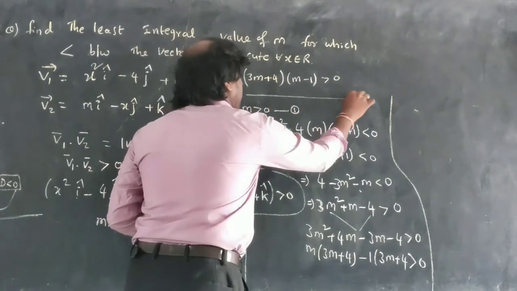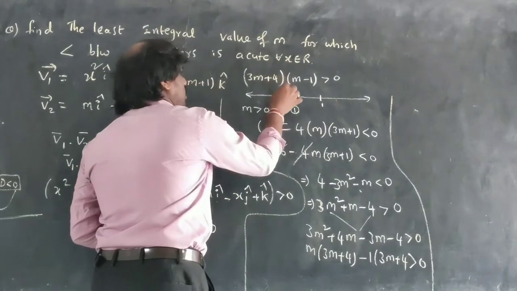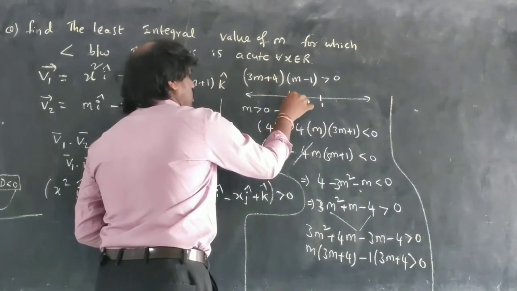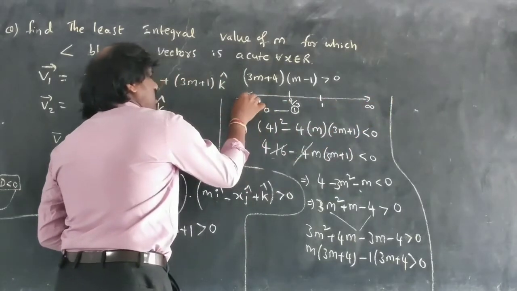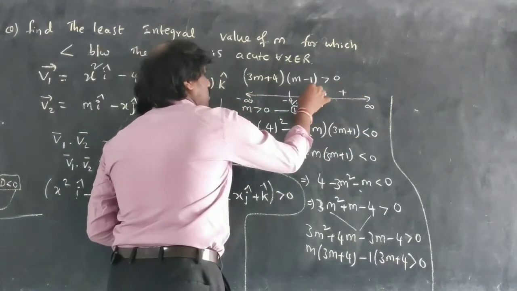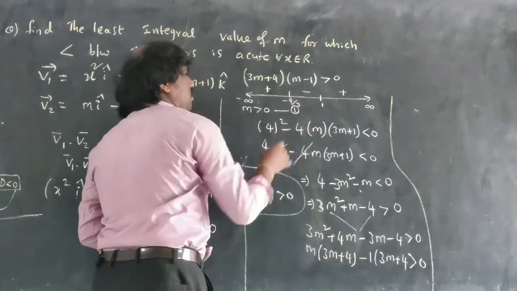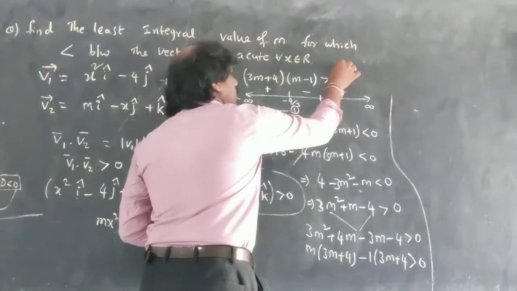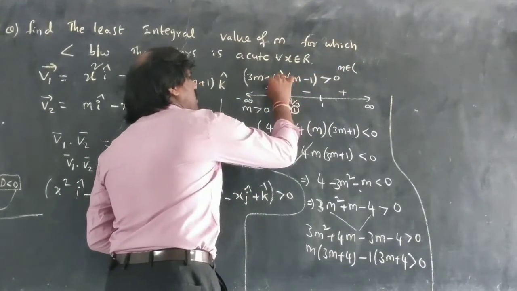Take the number line. On the number line it is 1 and it is minus 4 by 3. On the number line this is infinity, minus infinity, plus minus plus. If I take greater than symbol, the answer for m will be the plus regions.